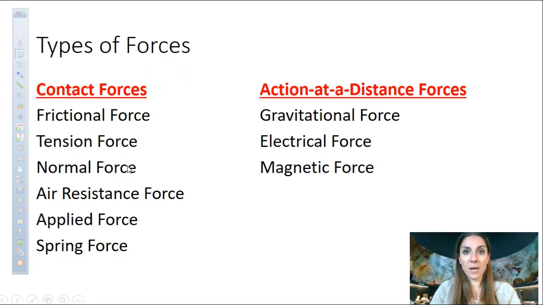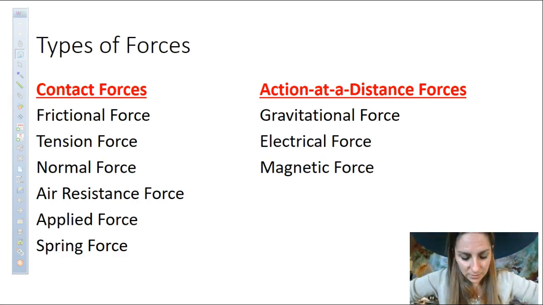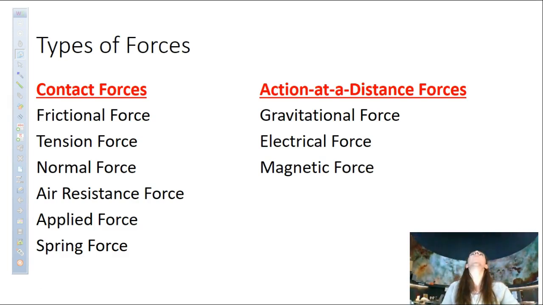So anything that has a surface will have a normal force. So if I push on the table right now, I know you can't see it, there's a normal force going up against the table. If I were to push against the ceiling, the normal force would be pushing down against me because the ceiling can only push straight down. If this were a wall, the normal force would be where my fingers are, so away from the wall.